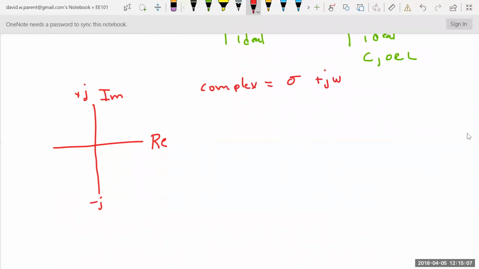Because so often we're dealing with frequency, rather than just label it J times something, in fact, that axis is frequency when we actually go and try to measure something.